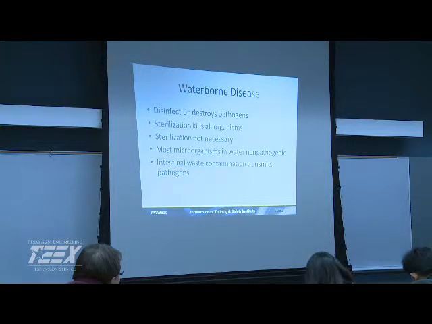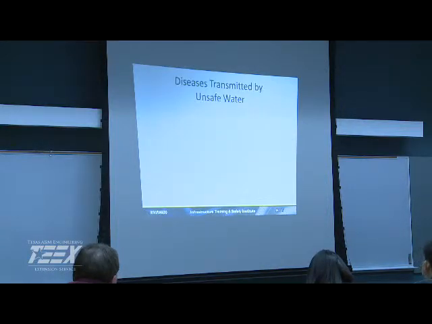We can have certain amounts of pathogens go in us and it really not affect us, but for some populations, a very small amount can make them really sick, and that's what happened in Milwaukee. The majority of the people that passed away were either the elderly or the immunocompromised. So those are things that we have to be considerate of when we're looking at our disinfection techniques and what water we're actually sending out.